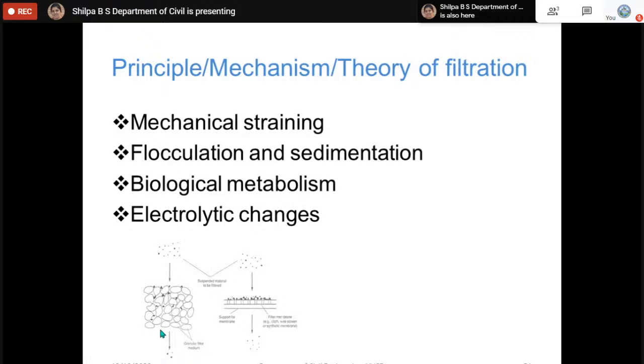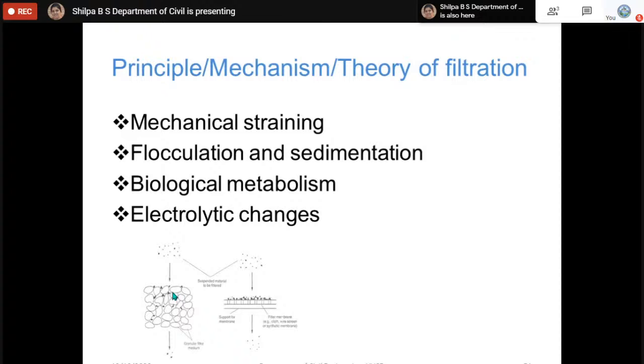And the third one is biological metabolism. You know that the water will always contain microorganisms. So at the surface of the filter bed, a biological slime or layer is going to form. That will act on the microorganisms and on the organic matter present in the influent of the filter, so removal of such organic substances takes place.